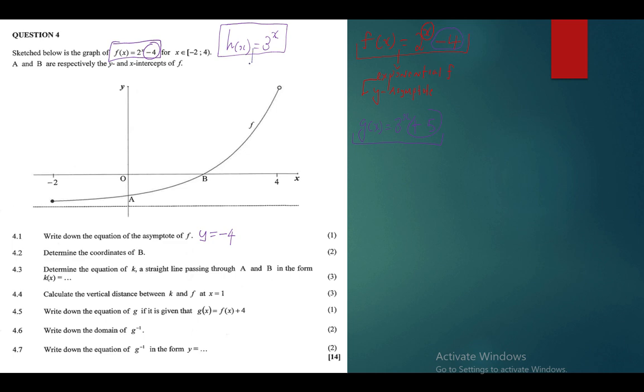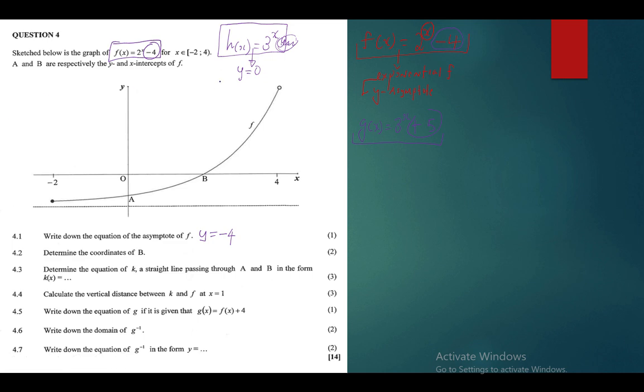The y asymptote is 0, so the equation of the y asymptote is y equals 0. Why? Because there is no number here. Normally, the asymptote is the number which comes immediately after 3 to the exponent x.